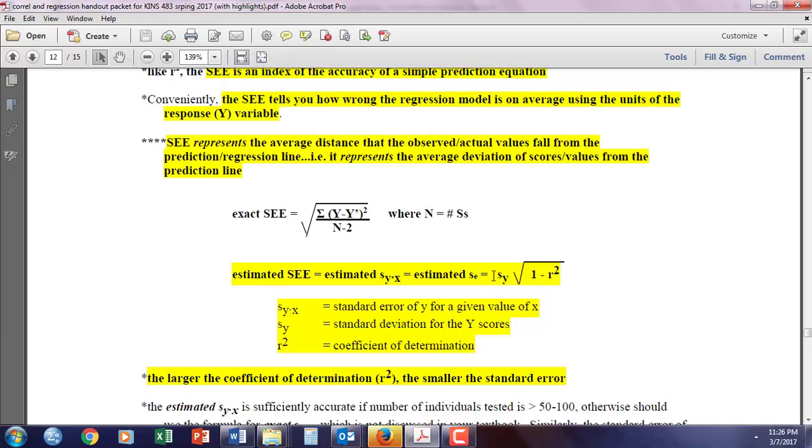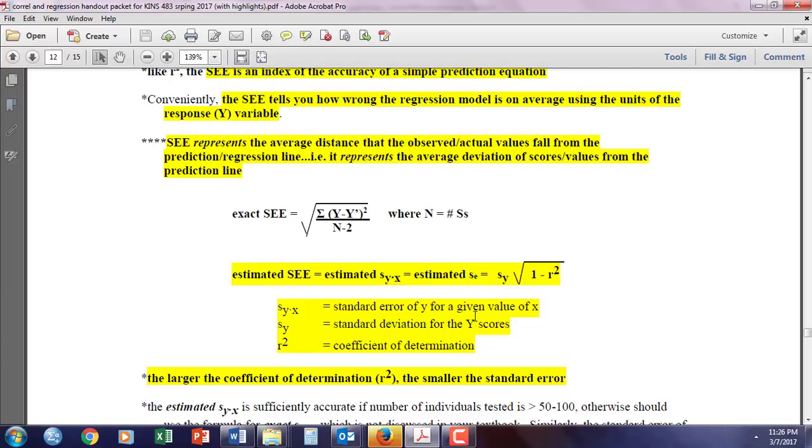In each case, we simply calculate this value to indicate how much error there is by taking the standard deviation of the y scores and multiplying that by the square root of 1 minus the r squared, or 1 minus the coefficient of determination. So this is not a hard calculation. This should be done in an easy step.